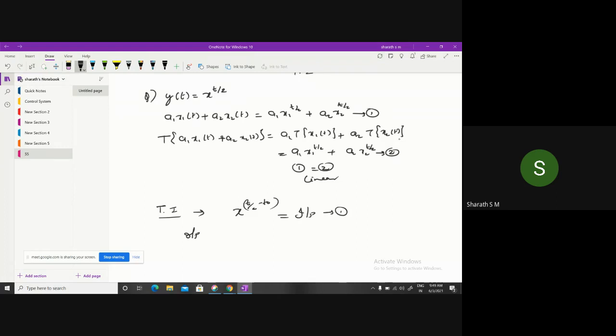For the output side, that is y of t minus t naught, wherever we have a t, replace it by t minus t naught. So x power t minus t naught by 2. This is equal to x power t by 2 minus t naught by 2. So 1 is not equal to 2. It's time variant. It's not time invariant because 1 is not equal to 2.